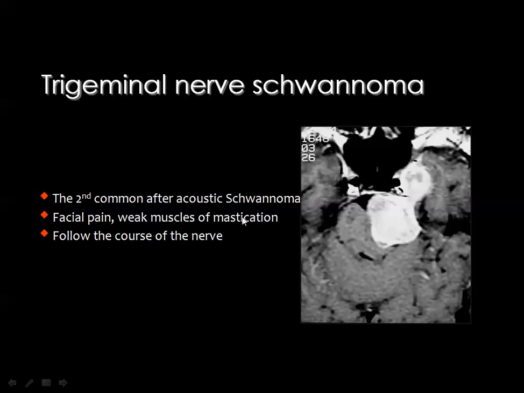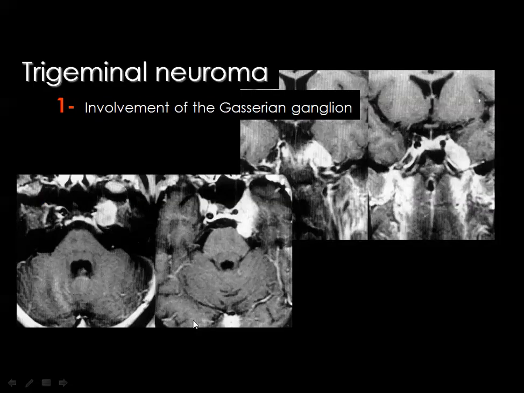Then you have a constriction in the middle part of the tumor while exiting through the foramina, and you get two main components giving the typical or classic dumbbell configuration of the lesion. And in order to diagnose trigeminal neuroma, the first sign is that you cannot identify the Gasserian ganglion separable from the tumor.